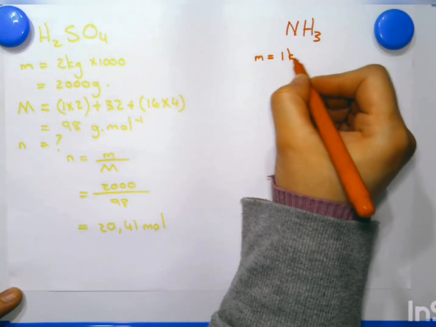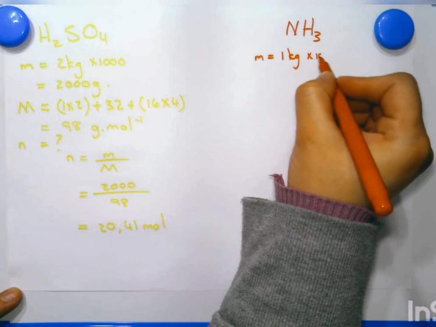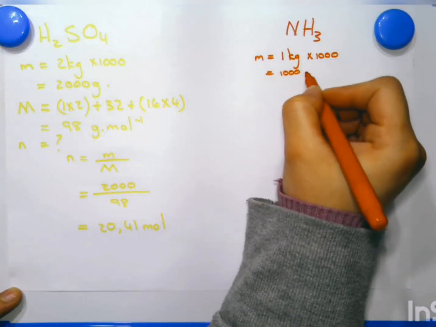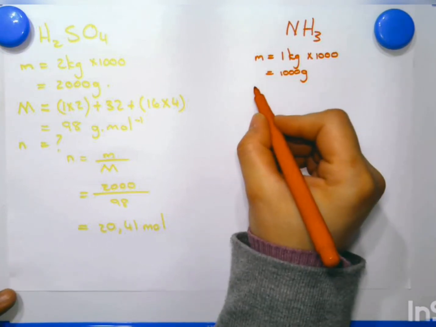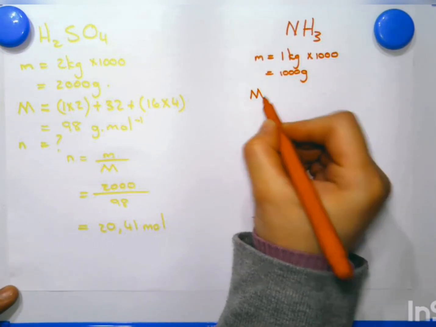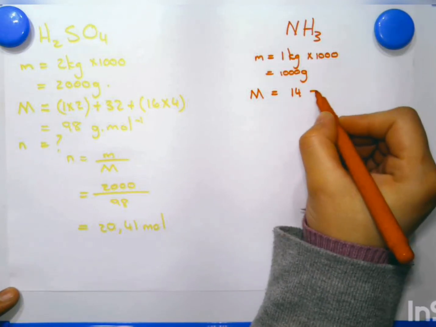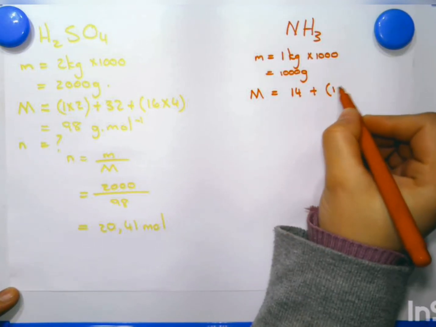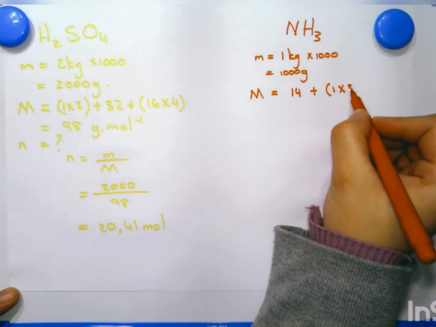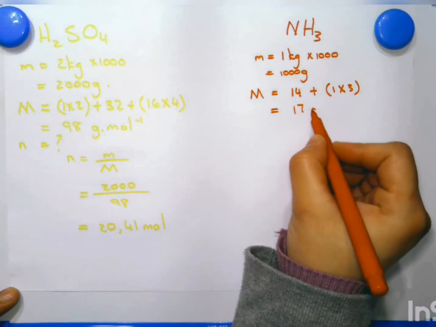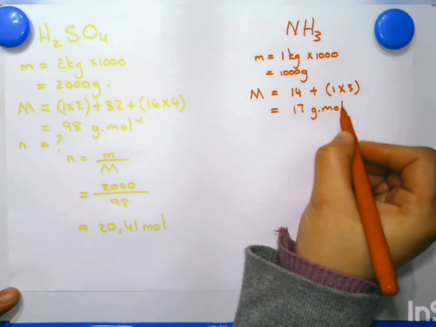Now for ammonia, we have 1 kilogram of ammonia. So when we convert it, that gives us 1,000 grams of ammonia. And then if we look at our molar mass for the ammonia molecule, 14 is my molecular mass of my nitrogen, and then obviously hydrogen has a molecular mass of 1 times 3 because there's 3 of them, which gives us a total of 17 grams per mole.